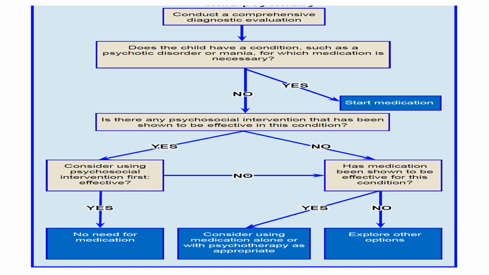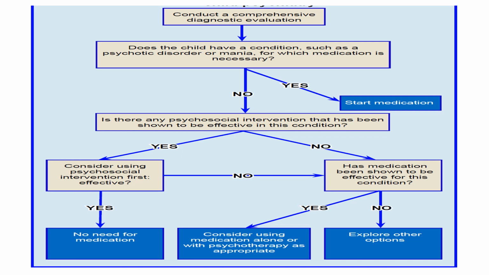Ask this question: does the child have a condition like psychosis or mania for which medication is necessary? A lot of times anxiety, learning disability and similar conditions don't require medication. Psychosis and mania do require medication, so if the answer is yes, you start medication.